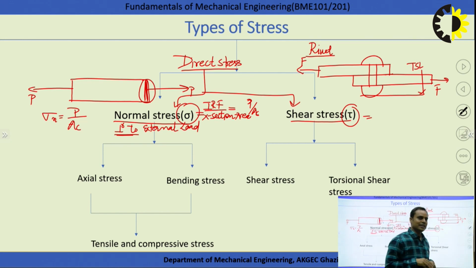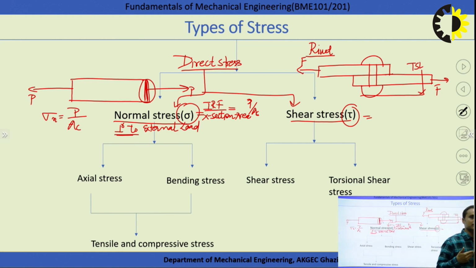To resist that shape change, the stress induced is known as the shear stress, right? So the shear stress is also represented as external load, because numerically we always consider the external load equal to the internal resistance force offered by the material, divided by area.